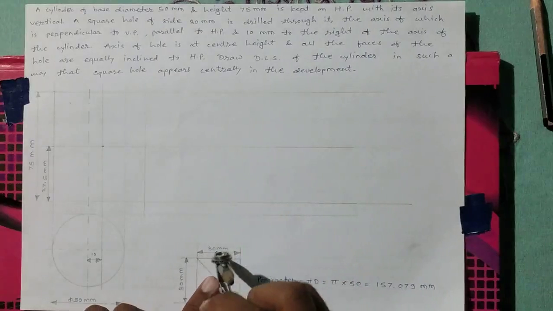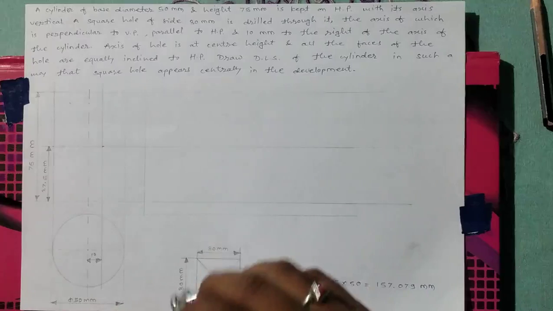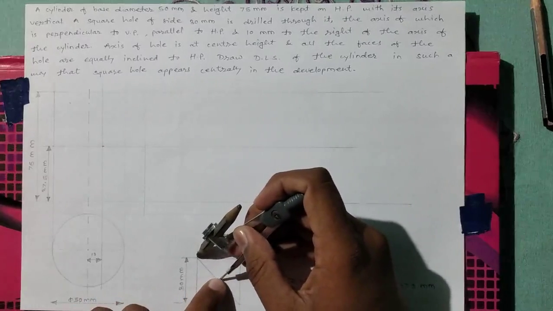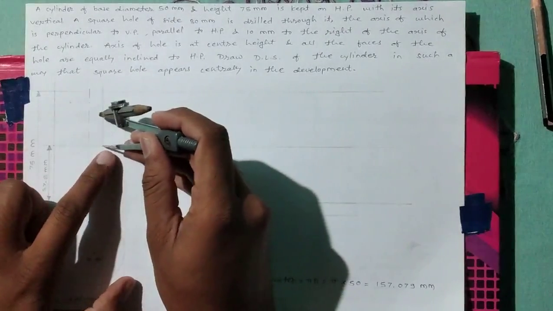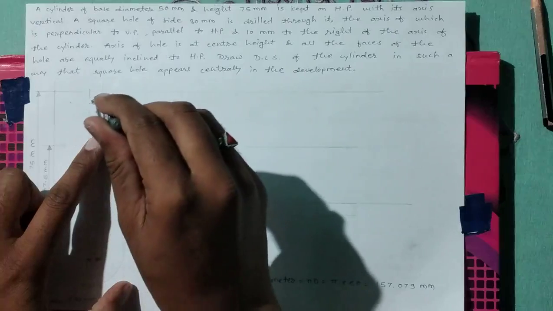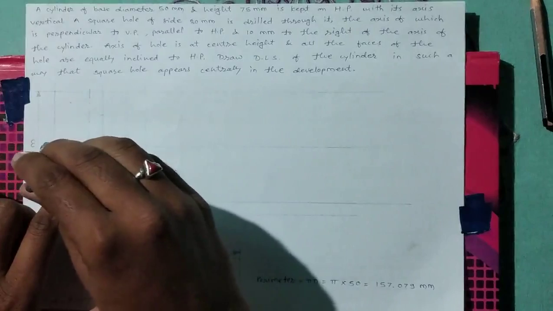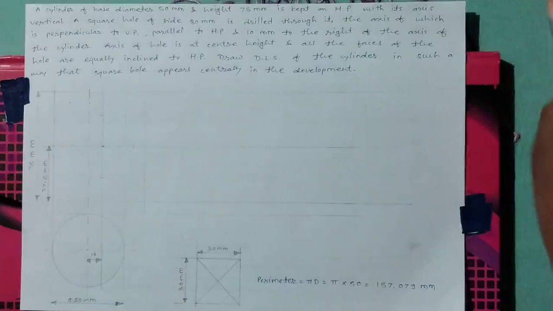It will be same for each corner. We have to take this distance from this center to one corner and put it here. Join all these points.